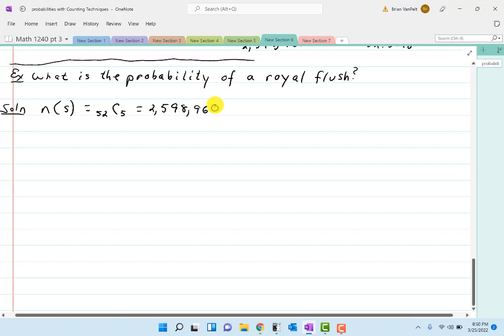Now, what is a royal flush? A royal flush looks like this. You'll get a 10, and then a jack, and then a queen, and then a king, and then an ace. And they all have to be of the same suit. So we have 4 different suits. We can have all diamonds, we can have all hearts.